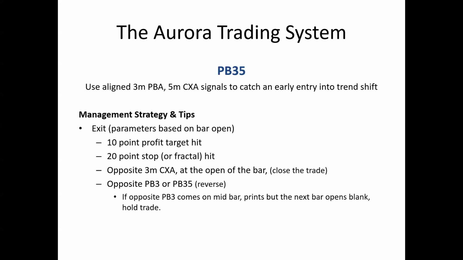So you're going to close it when you have a blank alignment between the 3-minute PBA and the 5-minute CXA, and you're going to close it and reverse if you have a qualified reversal on the PB3 or a PB35, and if you have an opposite 3-minute CXA at the open of the 3-minute bar, close the trade.